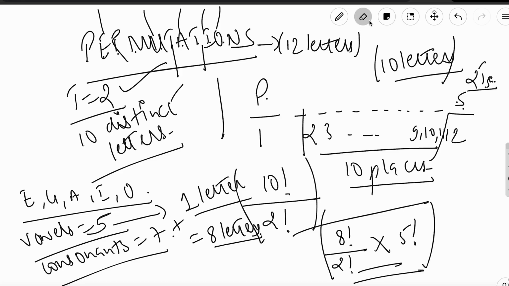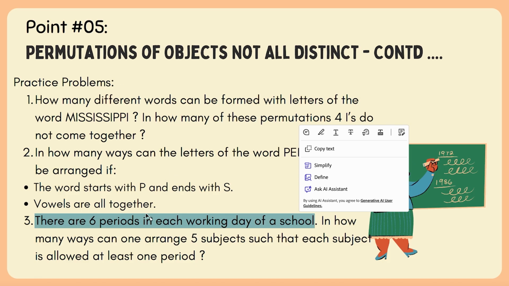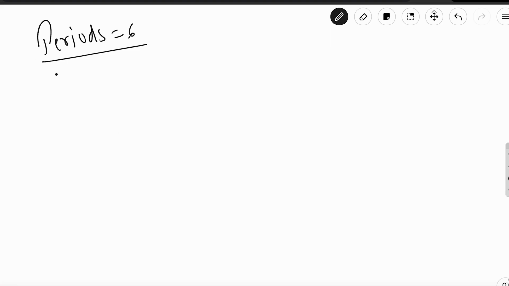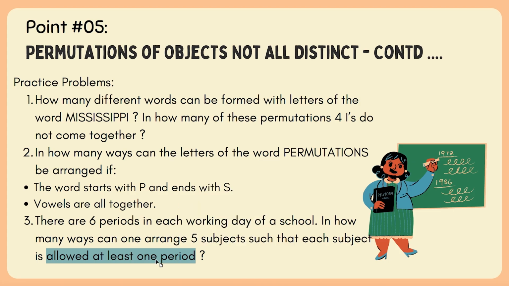Let's take one more question. We have 6 periods in each working day of a school. The total number of periods is 6, and it is asking in how many ways one can arrange 5 subjects. The condition is that each subject is allowed at least 1 period.